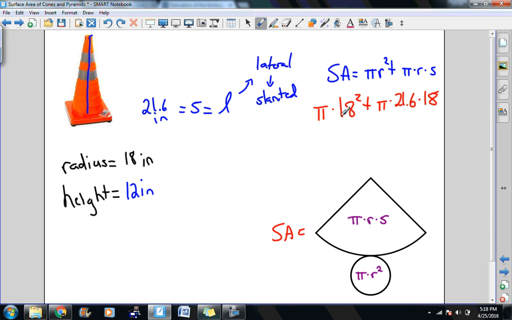I do that times pi, gives me 1,017, and let's say 9/10. We're going to add the second part, which is pi times 21 6/10 times 18. And that's going to give me about 1,221 45/100.